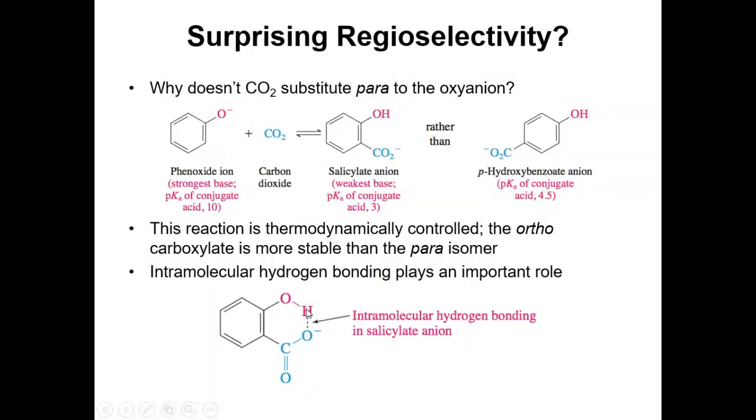This OH group can hydrogen bond to this oxygen, giving you a highly stable six-membered hydrogen-bonded structure. So that makes the ortho-acylation product more stable than the para-acylation product. Okay.